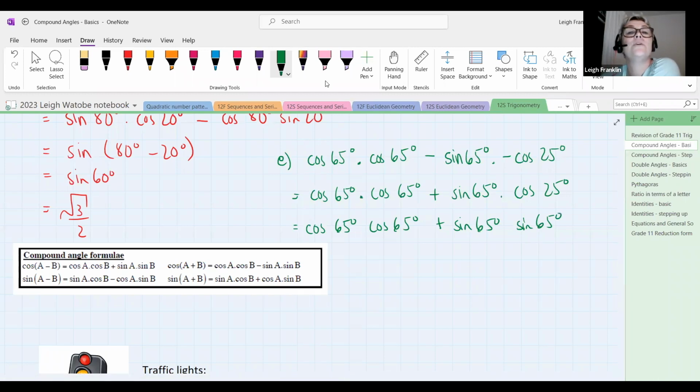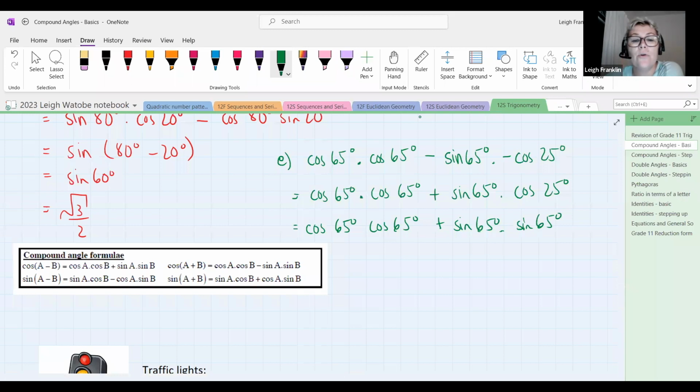Is that what you're suggesting? Yes. All right, well, it's not wrong. Is it going to lead us to a solution? Now we've got cos, cos, sine, sine.